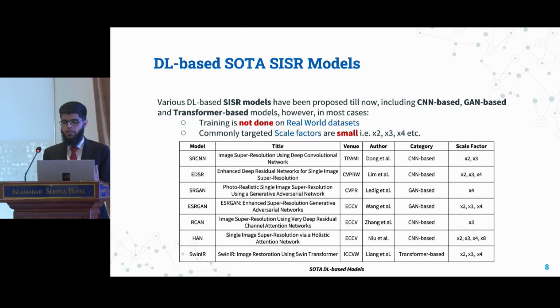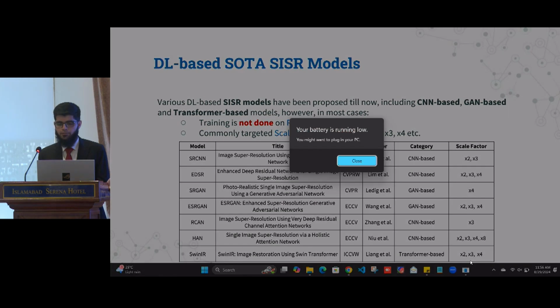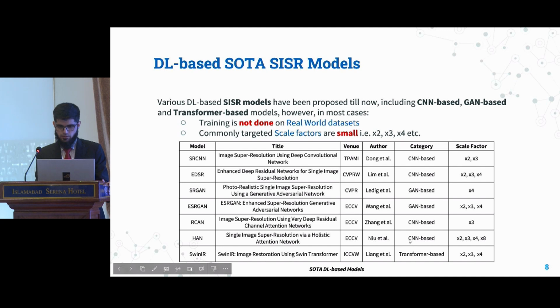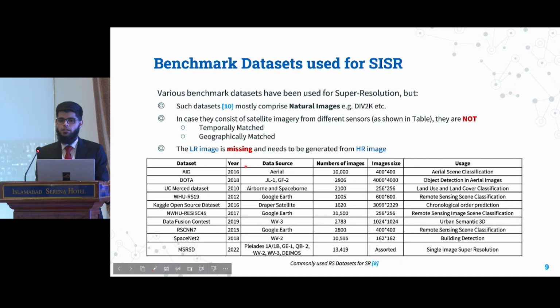They have to downsample the high-resolution image to acquire the low-resolution image, and then train the models on that low resolution image, keeping the high resolution image as the ground truth. You can see from the table the common scale factors are 2 times, 3 times, 4 times. Only one paper utilized an 8 times scale factor. Even the benchmark datasets used are mostly comprised of natural images like DIV2K, etc.